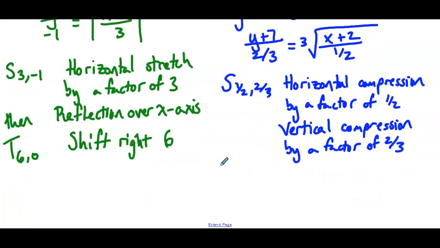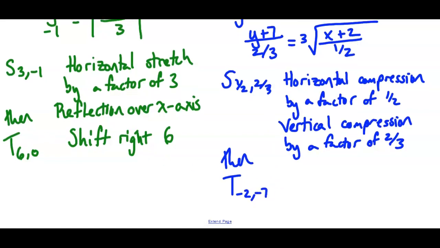And then we're following that up with a translation. So x plus 2 in the function means we're subtracting 2 from x, and y plus 7 means we're subtracting 7 from y. So we're following that up with a shift left 2 and down 7.